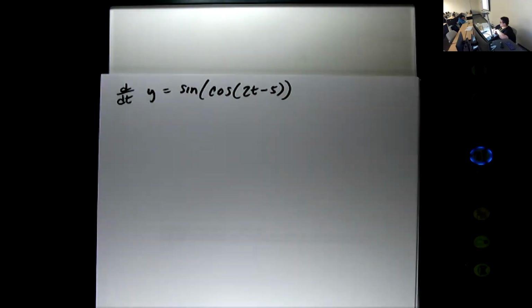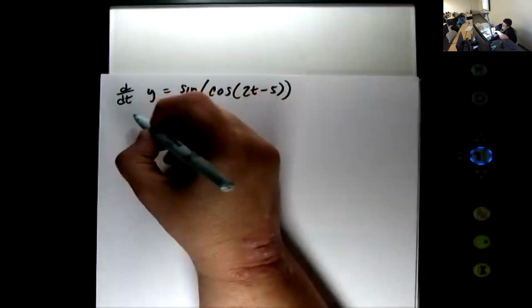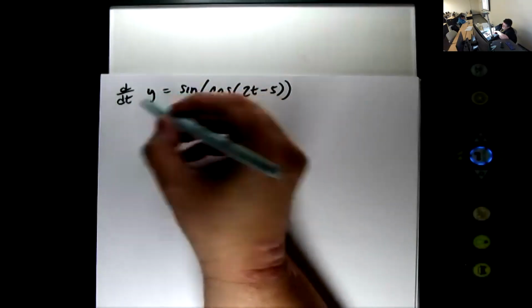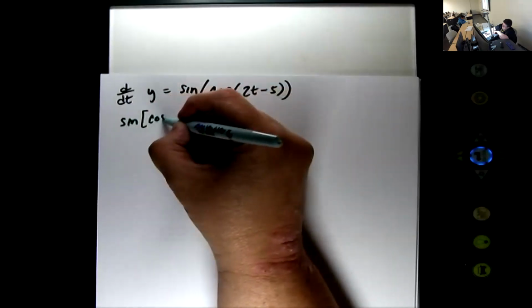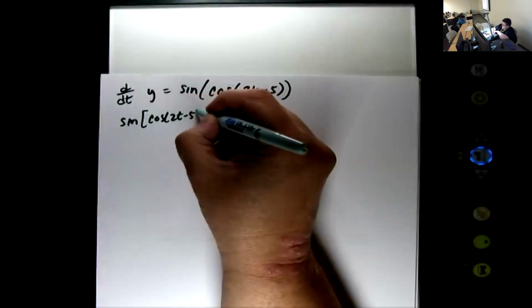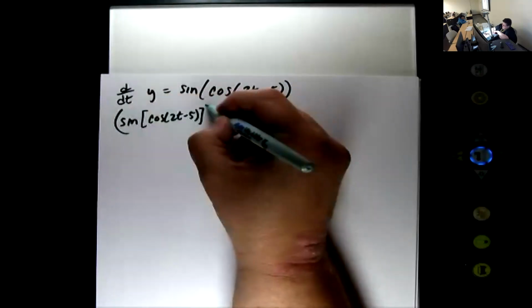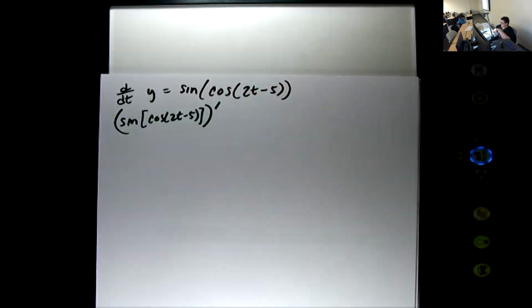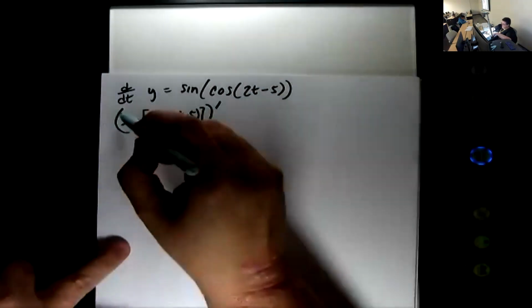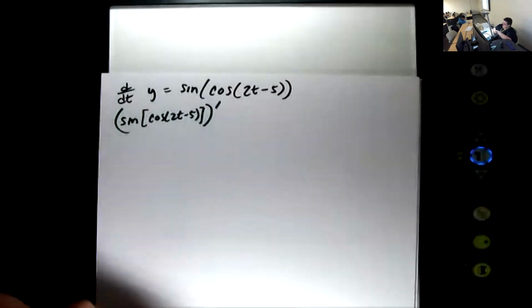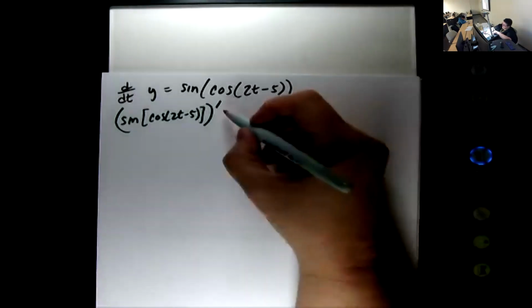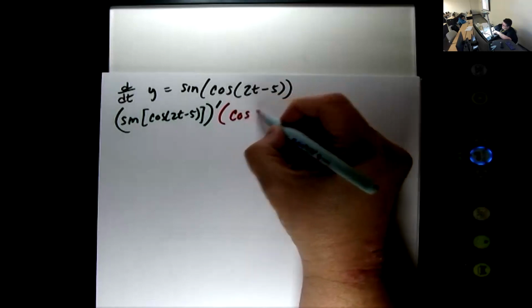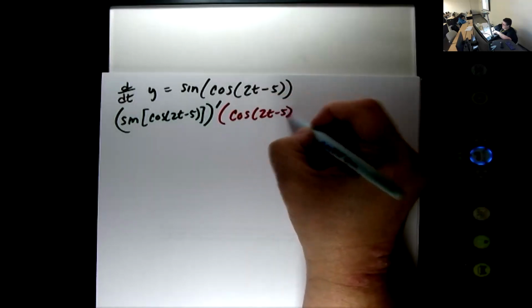Until you're comfortable busting this out quickly, I would write out what you're doing each time. The first thing I have to do is take the derivative of the whole thing. Then I move inwards, and the next thing inside is cosine, so next I'm taking the derivative of cosine of 2t minus 5.